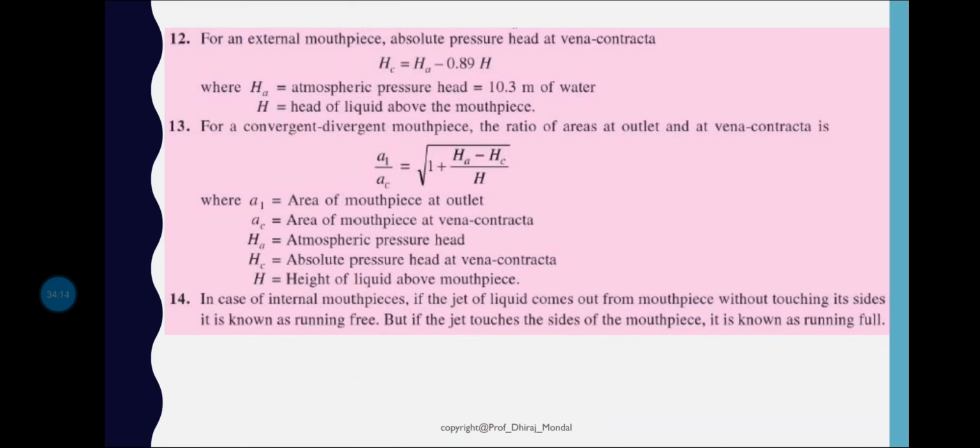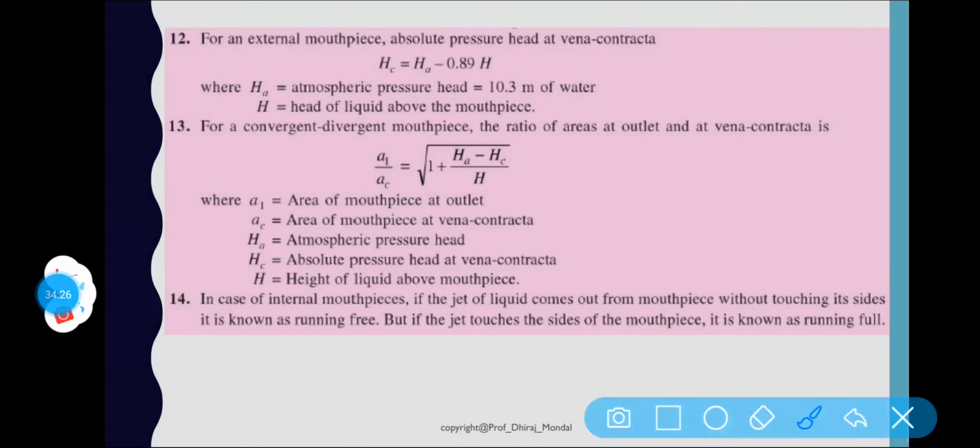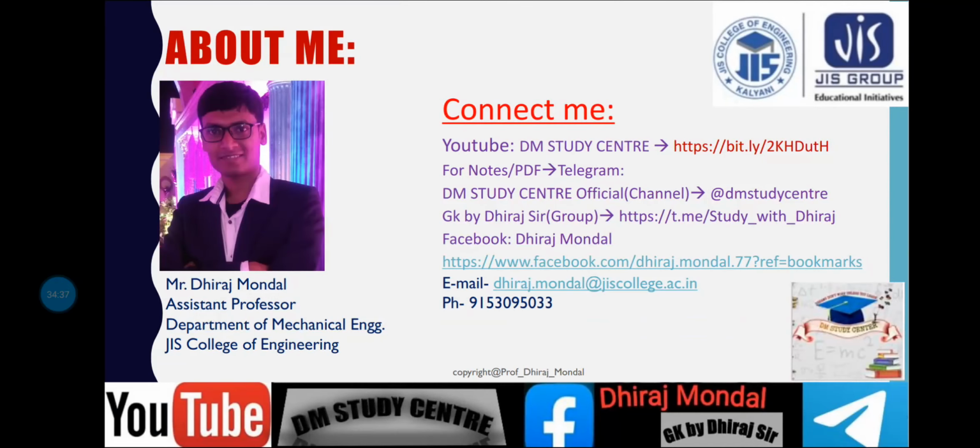If the jet does not touch the side, it is called running free. But if the jet touches the side of the mouthpiece, it is called running full. So this is all about the mouthpieces.